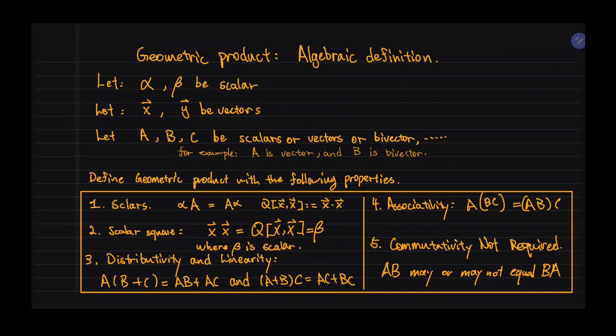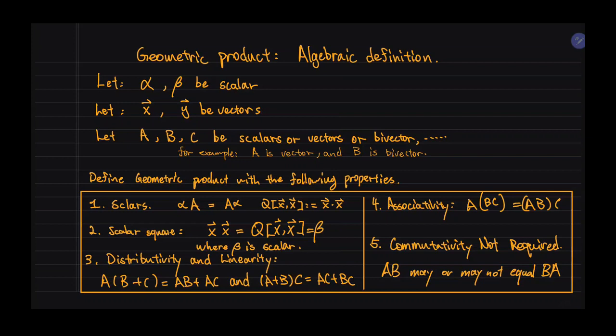Alpha and beta, the Greek symbols, indicate scalars, and normal English letters with an arrow on top indicate vectors. The capital English letters A, B, C can be anything: scalar, vector, bivector, trivector, fourth vector, and so on. But trivectors and fourth vectors we will not touch in this course.